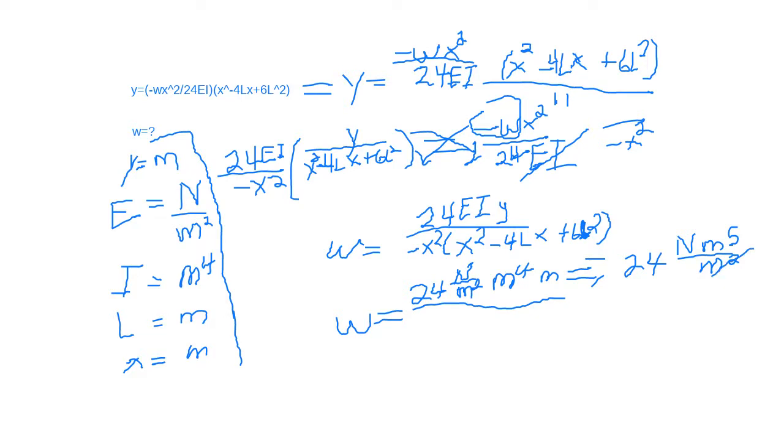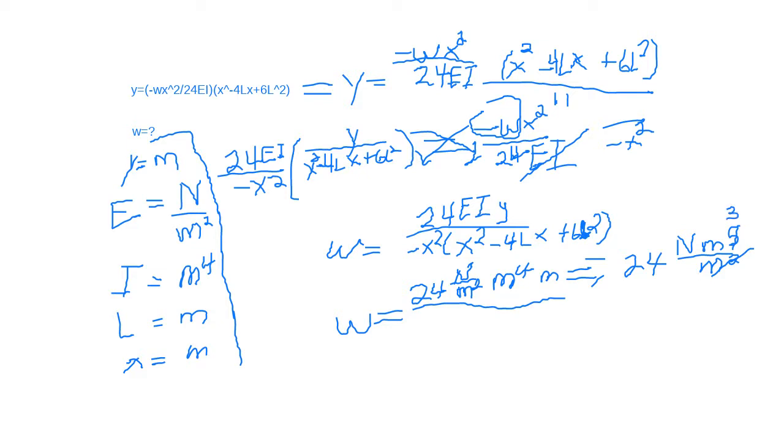When you're dividing exponents, what does dividing exponents do? Subtract. There you go. Thank you. So 5 minus 2 is 3.